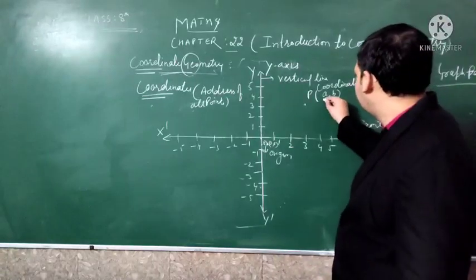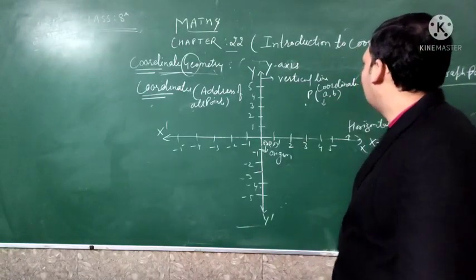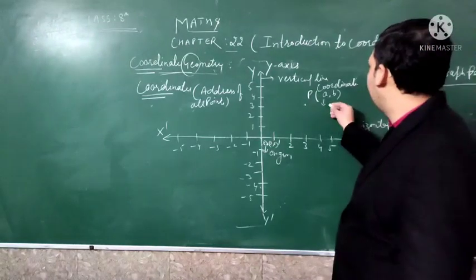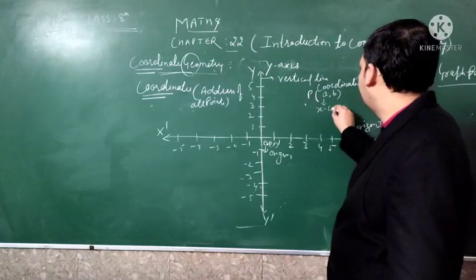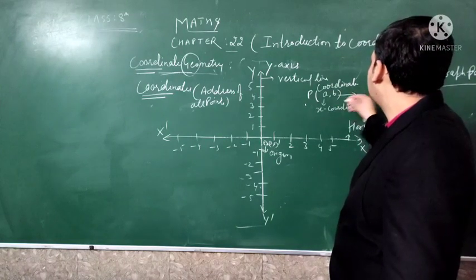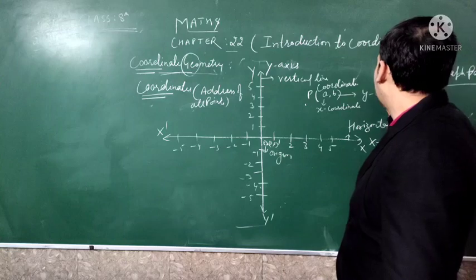A is called x coordinate, and B is called y coordinate.